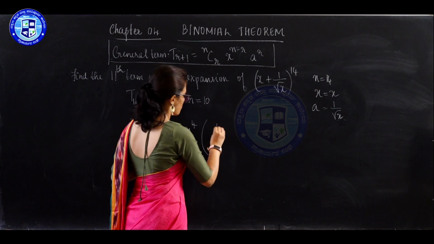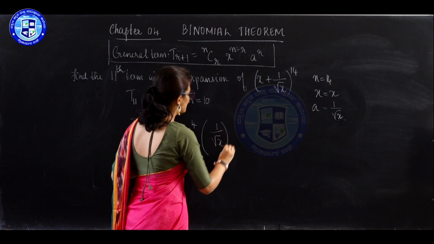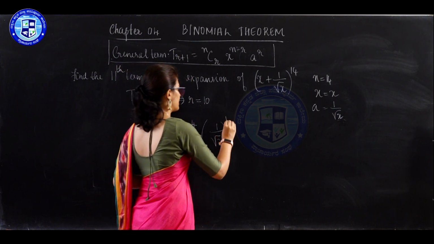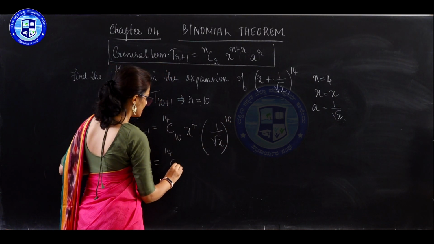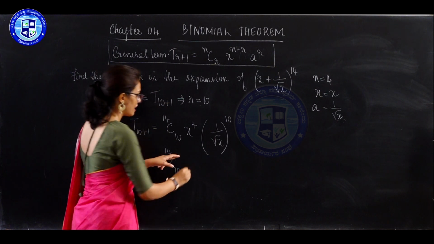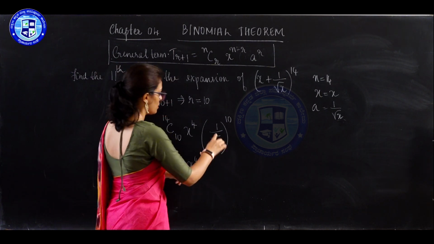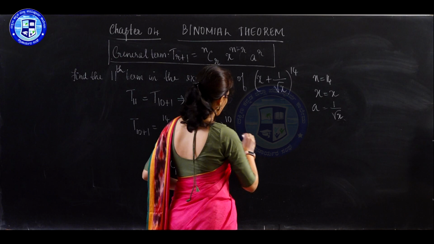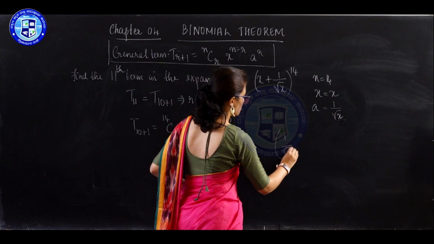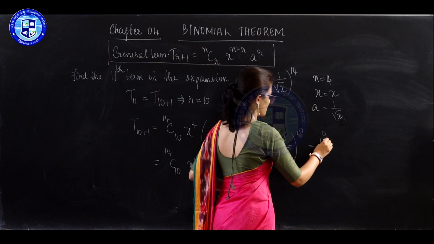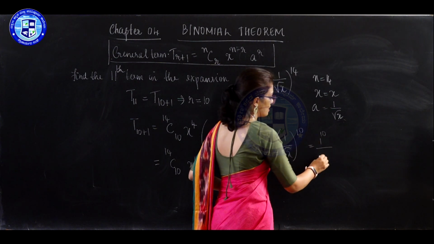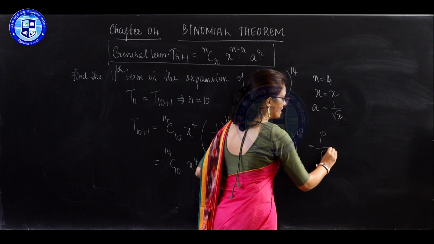So we have (1/√x)^10. So this will be equal to 14C10 x^4. Now what happens here? (1/√x)^10 will be equal to 1^10 divided by (√x)^10.